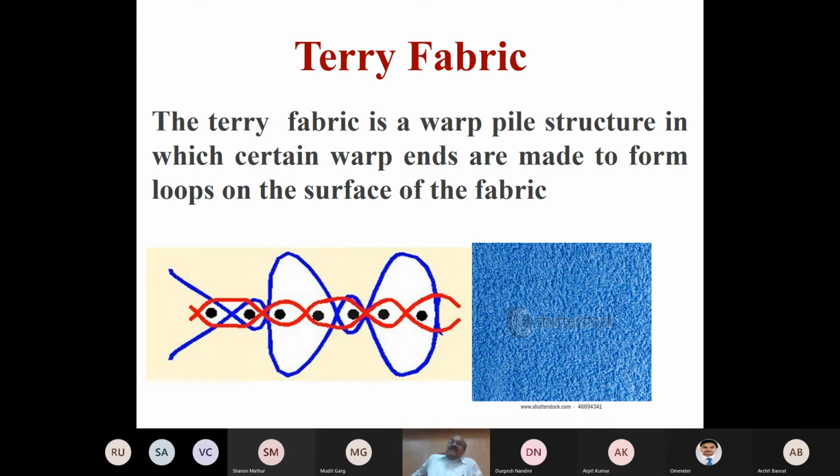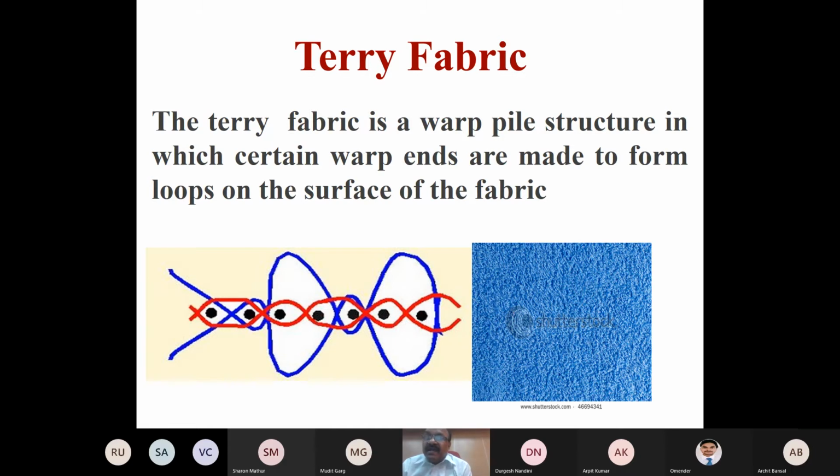The terry fabric is a warp pile structure in which certain warp ends are made to form loops on the surface of the fabric. So this is a clear structural image from where you can make out how these loops are formed and how they look in the fabric.